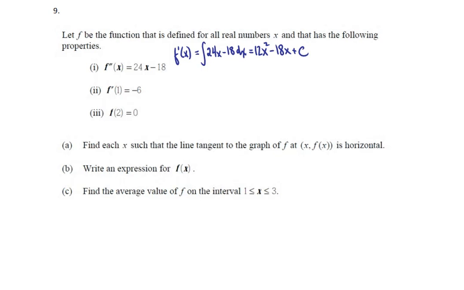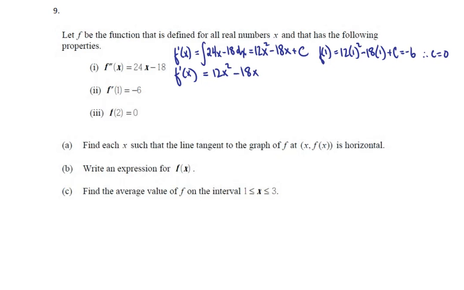And we're given that f prime of 1, which would be 12 times 1 squared minus 18 times 1 plus c, is equal to negative 6. So we have 12 minus 18, which is negative 6, plus c is negative 6, so c has to equal 0. And so that means that f prime of x is 12x squared minus 18x.